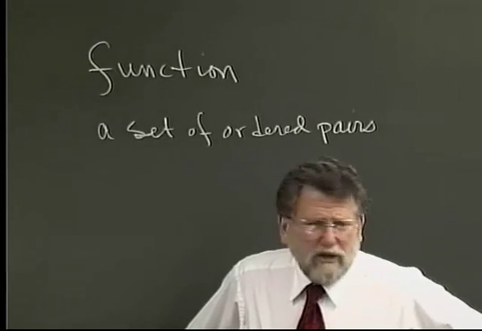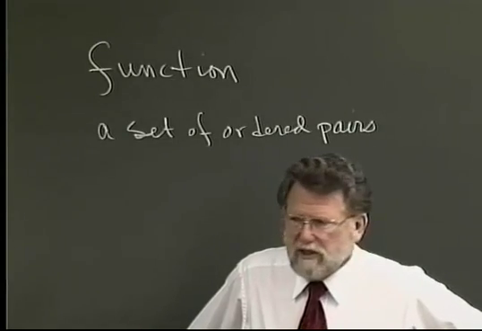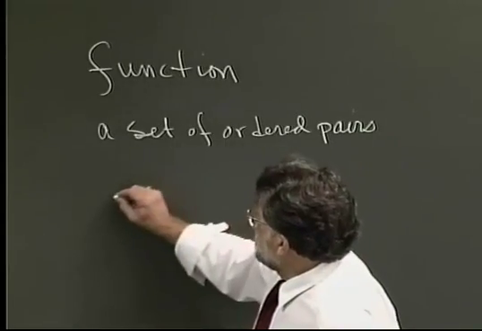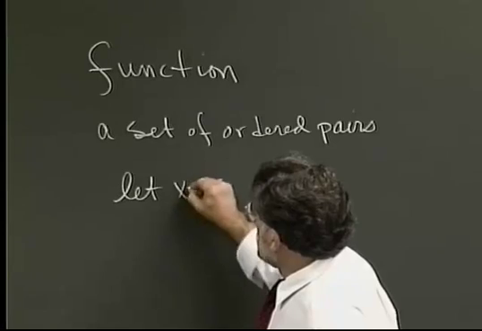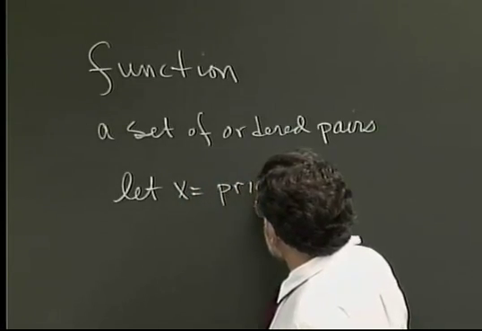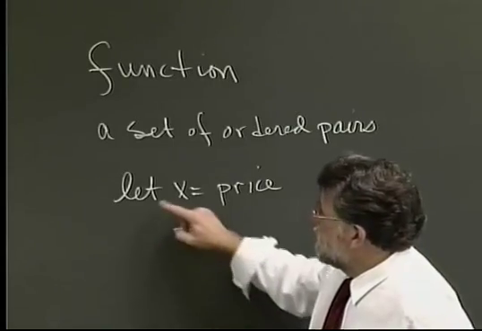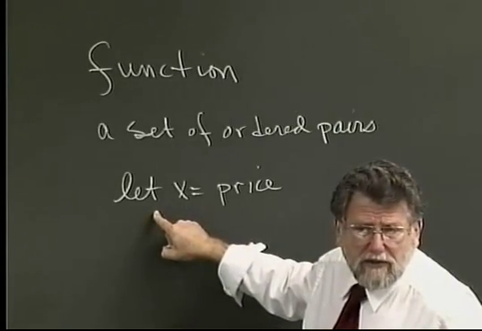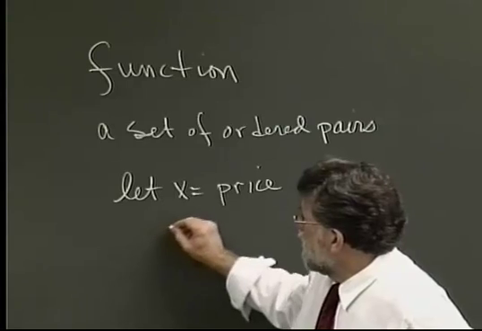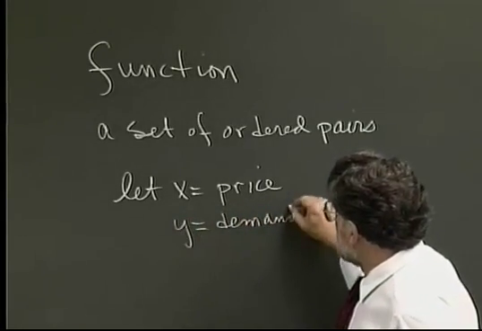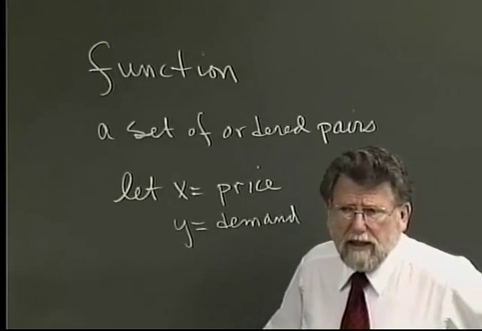And the words "function of its price" would be translated in the following way. If I let x equal the price, and I'm going to let y equal demand, so that we have x and y in our usual way.